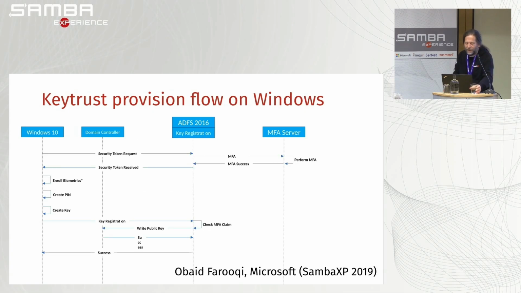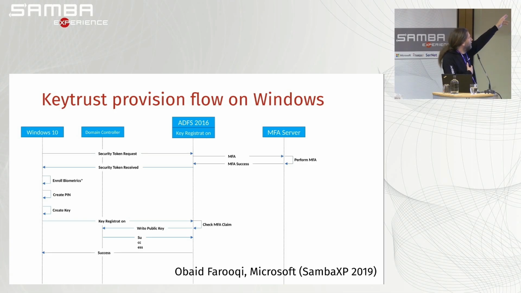I'll go on to how the key trust flow works. This is how you provision it on Windows. Can anyone read the little words? Your client, your domain controller, some other things that Samba doesn't have.